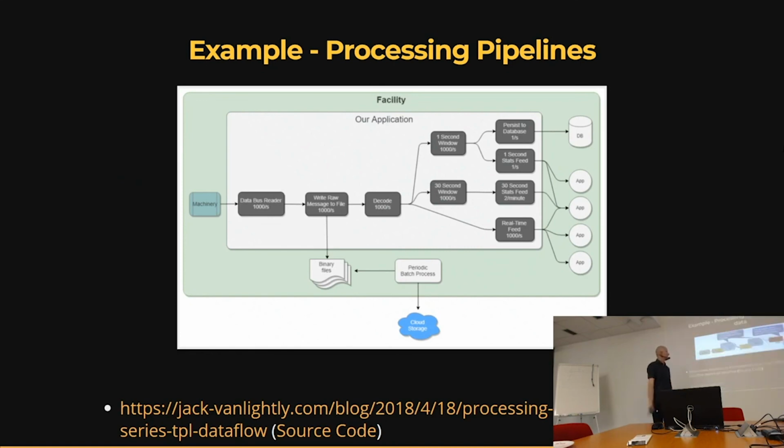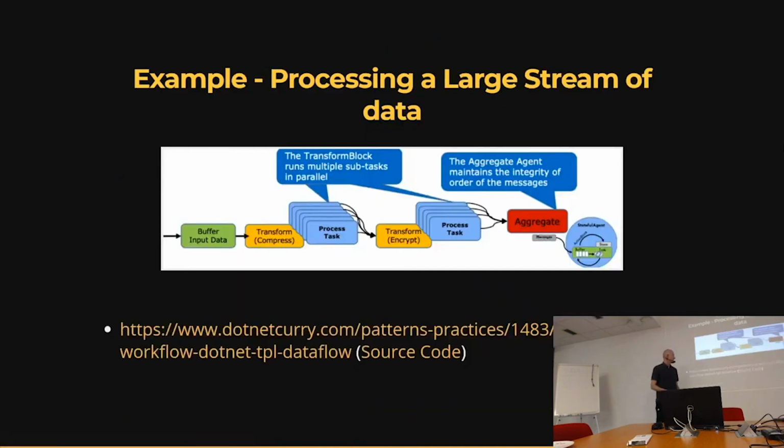And another example is from Ricardo Terrell, and this is an example of how you can process a large stream of data. He takes a file that has 1, 2, or 4 gigabytes, and the idea is that he needs to compress, encrypt, and transfer this through a network.